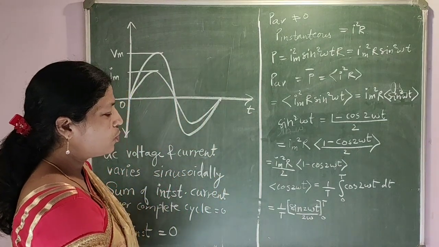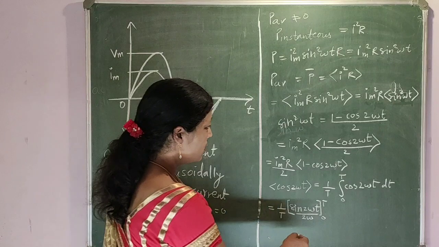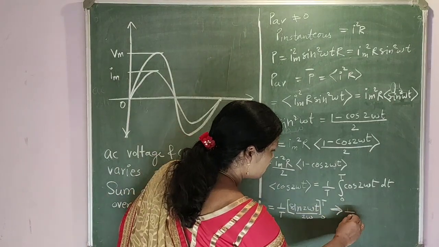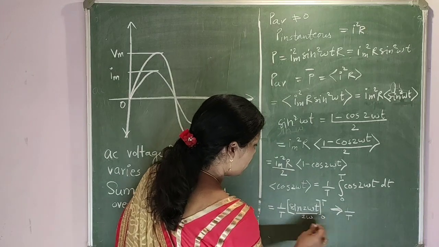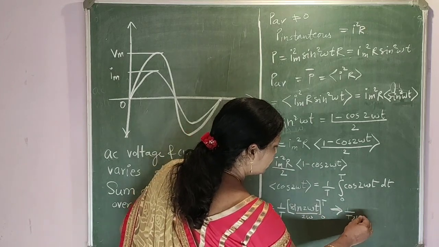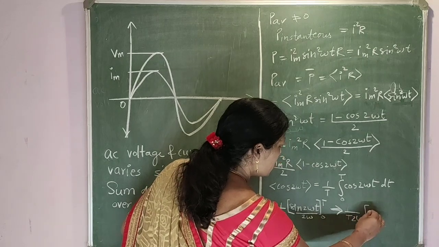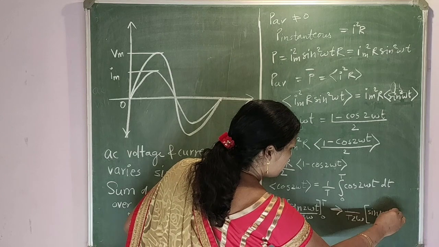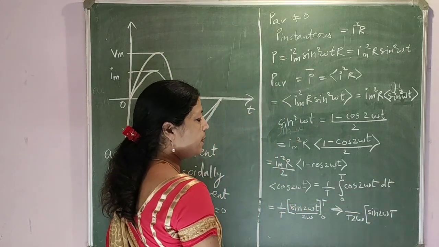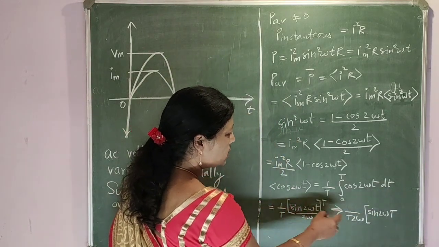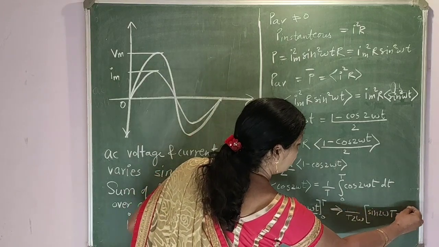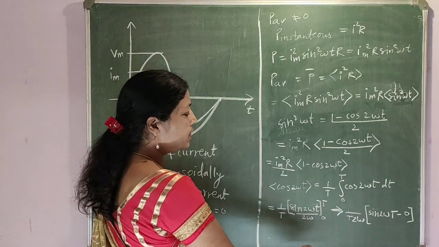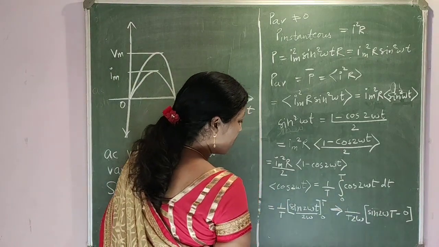Now we have to substitute the value of limits. Here 1 by T stays outside as it is. We have taken 2 omega outside. Inside we have sine 2 omega, and in place of t we put the upper limit capital T. And when you put 0, it will become 0. You might remember the value of T. T is 2 pi by omega.